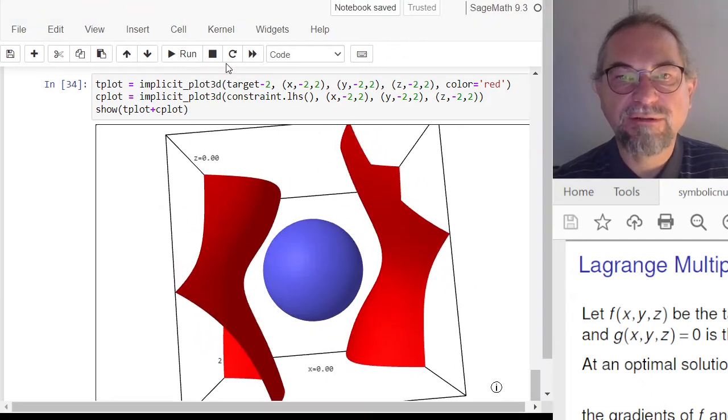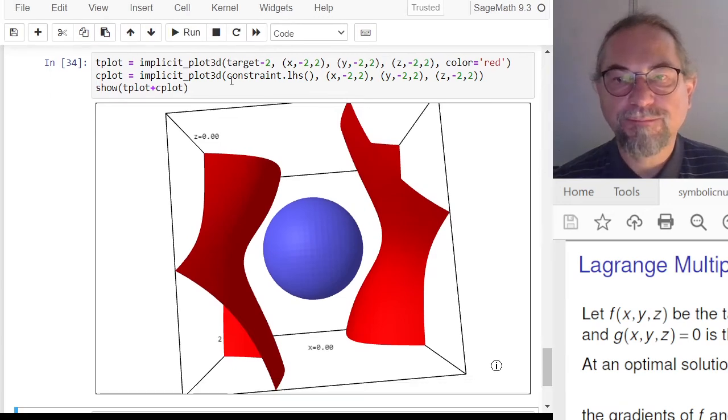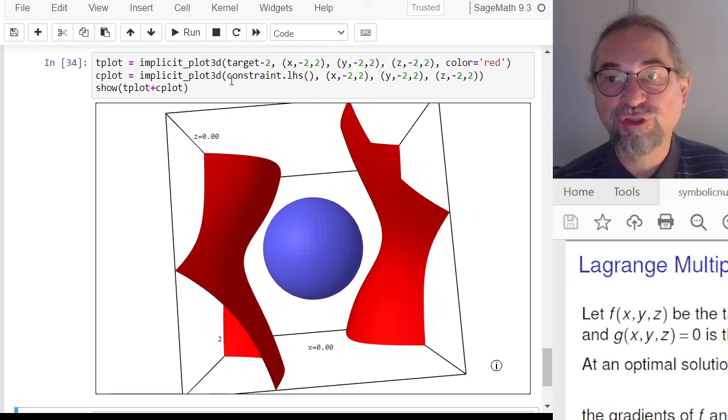So I have the target. The target is a function in 3 variables. I can't really plot this in full generality, so I pick a value. The implicit plot plots an equation, so I'm having the target minus 2 equals 0.